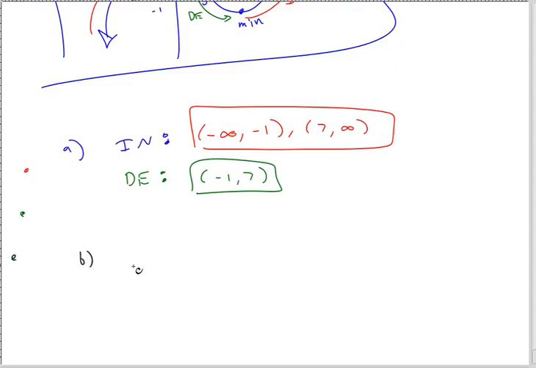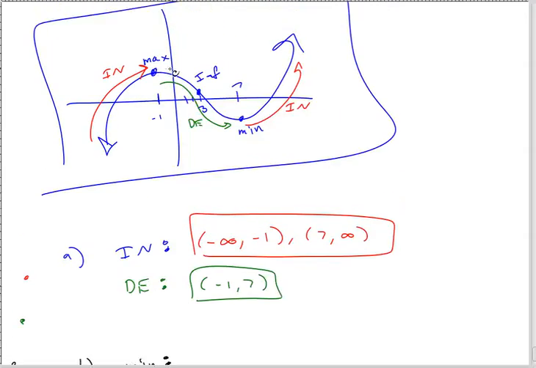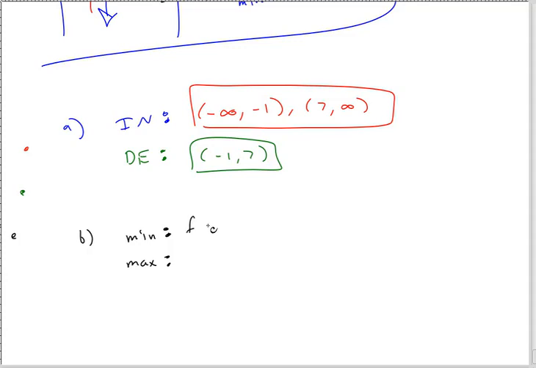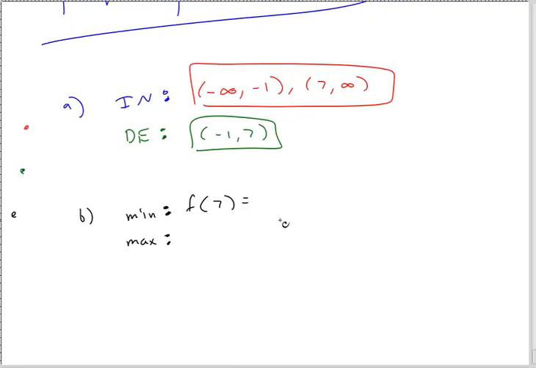Increasing, decreasing. Now, we need to find what the minimum and the maximum values are. They're talking, of course, relative mins and maxes. They're wanting the y values. How high here? How low right here? I do not know. But could I plug in f of 7 to figure it out? Minimum at 7, I plug it in.